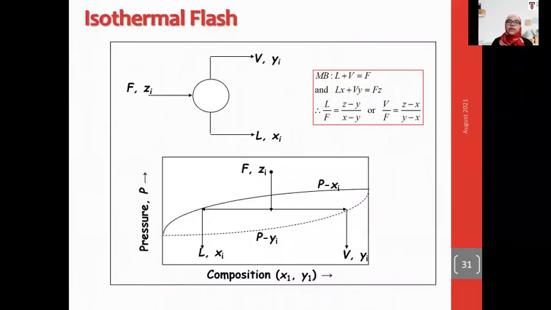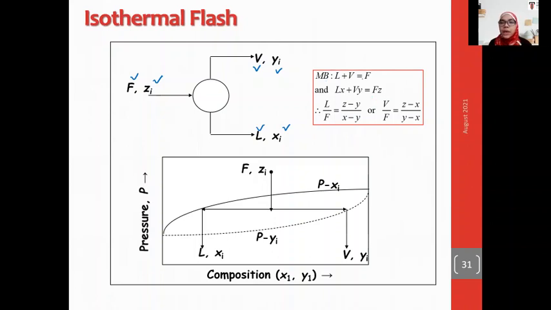Okay, the flash calculation uses the concept of a distillation column. Here, in the distillation column, we have the feed and the overall composition. Then we have the vapor phase with its composition, and the liquid phase with its composition.